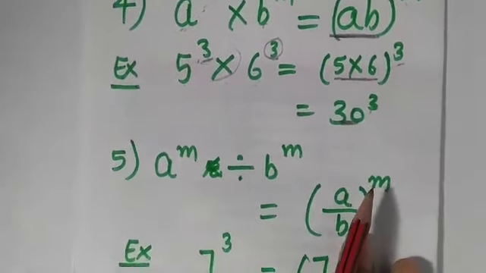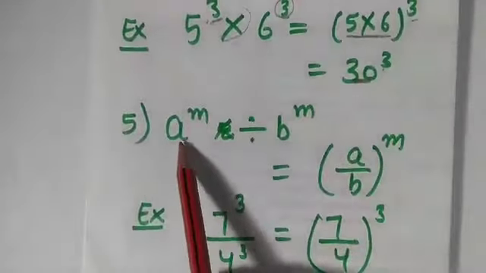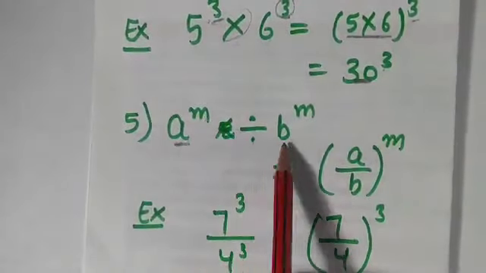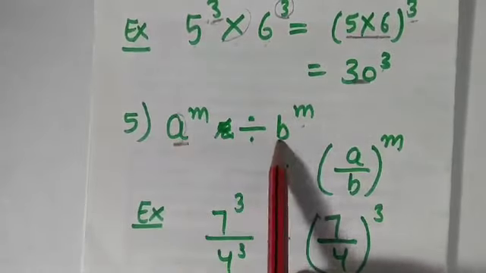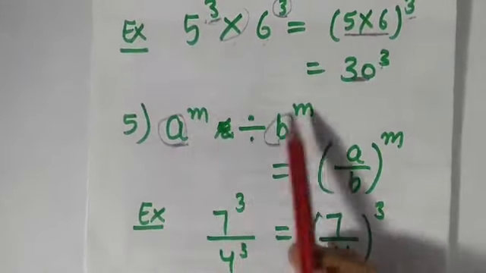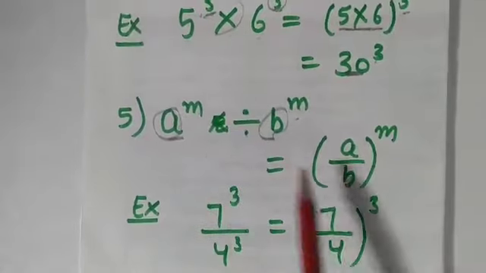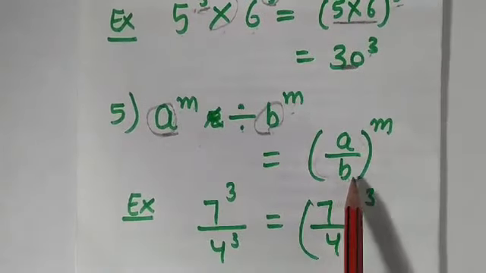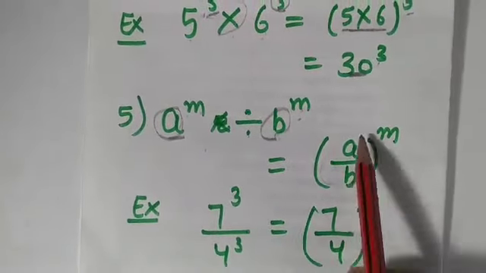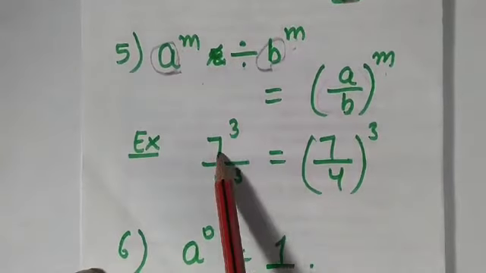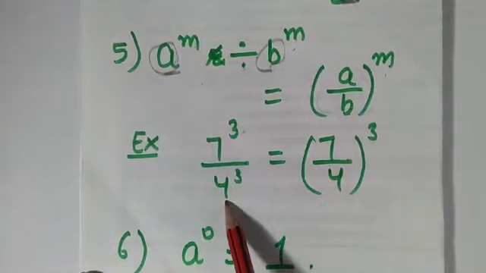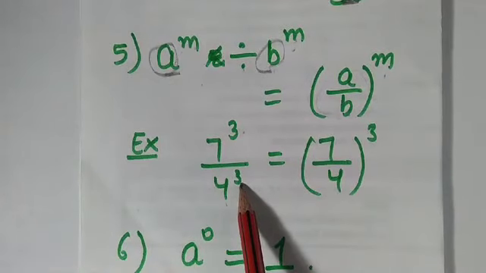Now the next law that we have learned, a to the power m divided by b to the power m. Here we are dividing two exponential numbers having different bases and the same power. Then this number can be written in the form a divided by b whole raised to the power m. Let us consider the example 7 to the power 3 divided by 4 to the power 3.